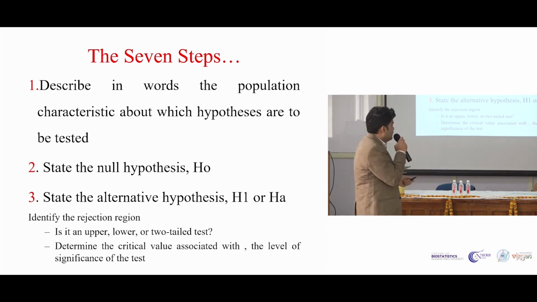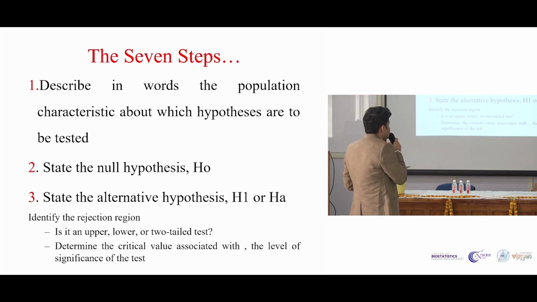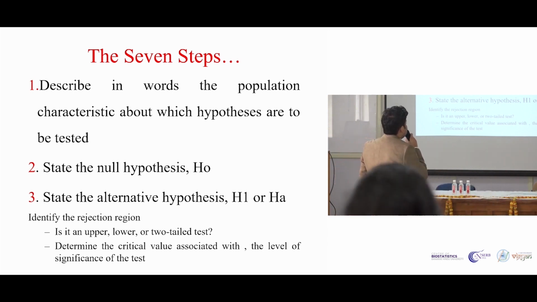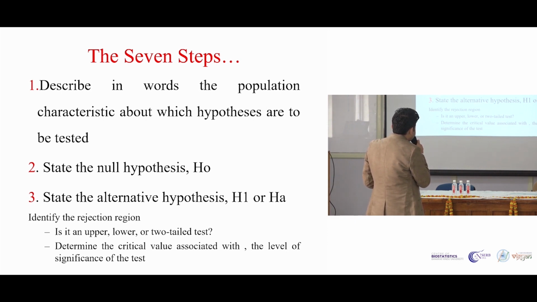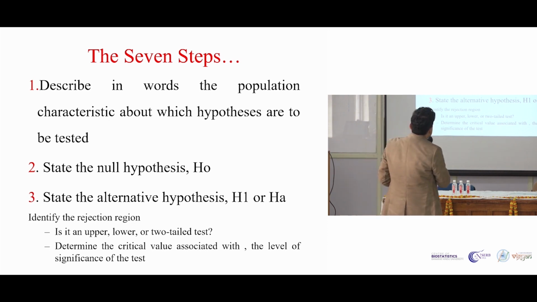So the first thing we have written is to describe in words the population characteristics about which hypotheses are to be tested. Population characteristics can be proportion, correlation, regression, anything. Second step is to state the null hypothesis, that is H naught.